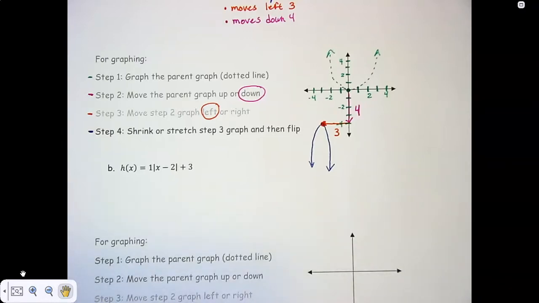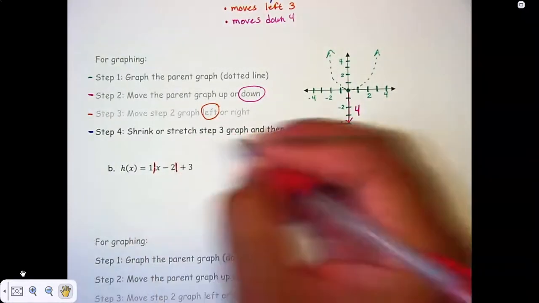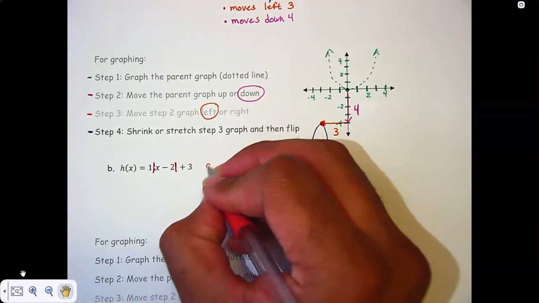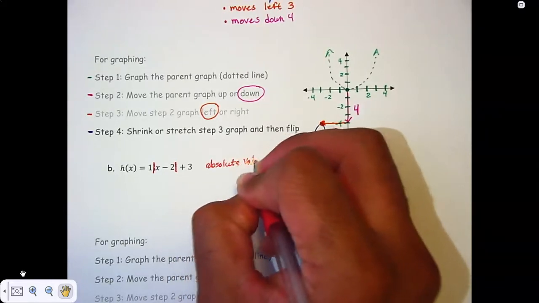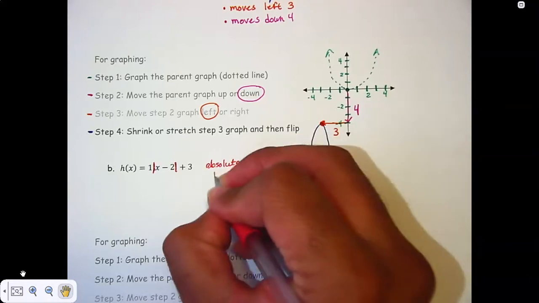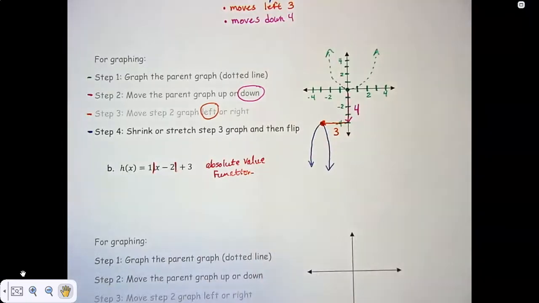All right, so here we have the absolute value bars going on right here. So this is the absolute value function. Again, we're going to take a look at each one of these transformations. This time we don't have a negative in front, so we don't have to worry about that part.